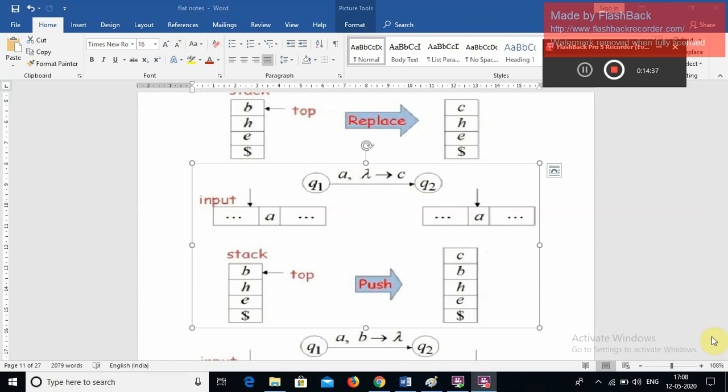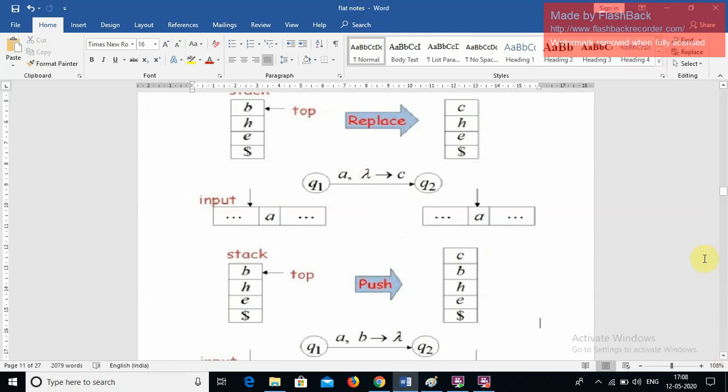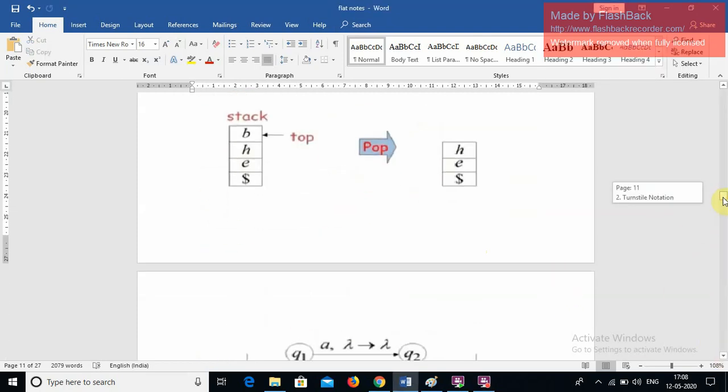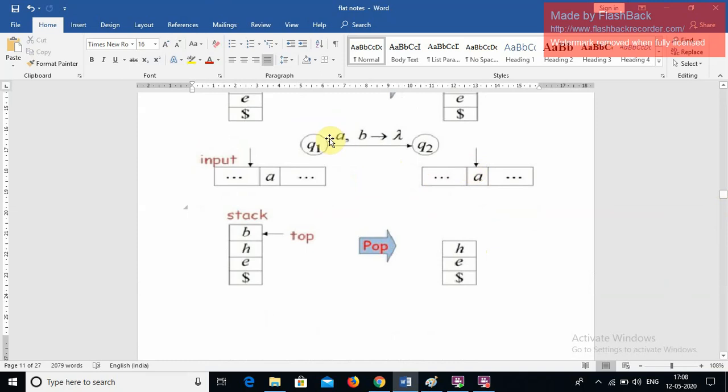Next one, here, Q1 to Q2 transition, A comma B to lambda, what does it mean? So we already have A as an input and B on the top of the stack. So now we have to push lambda into the stack. That means the input symbol A matches, B on the top of the stack also matches.